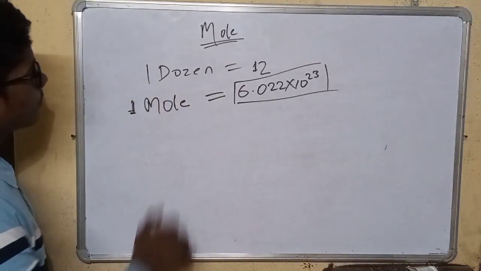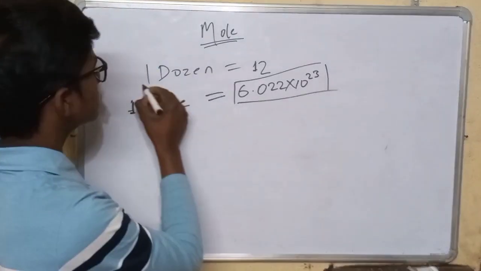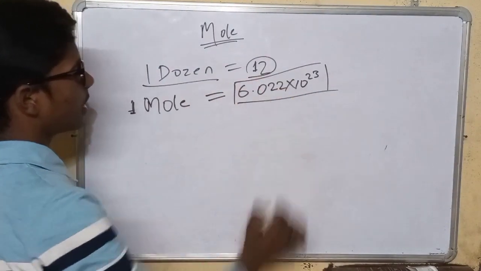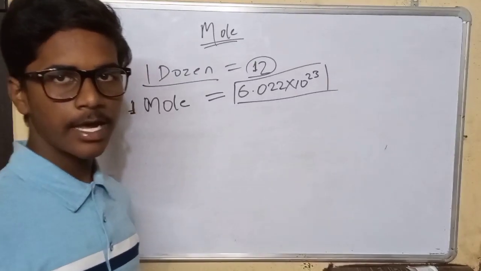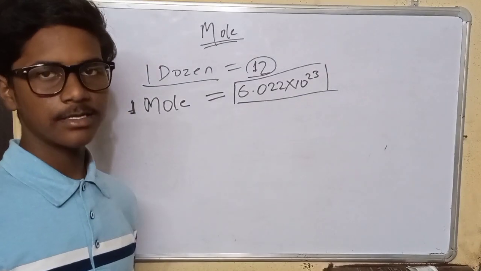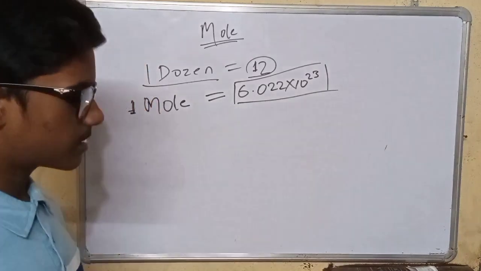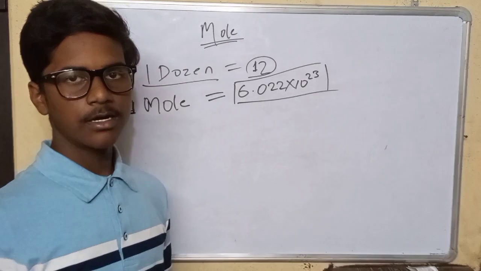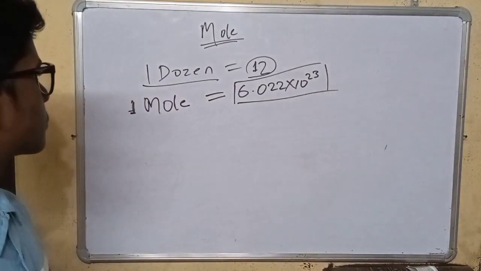As we see, 1 dozen contains 12 numbers of any particles. In place of particles we can have other things like books. Generally we buy bananas by the dozen.